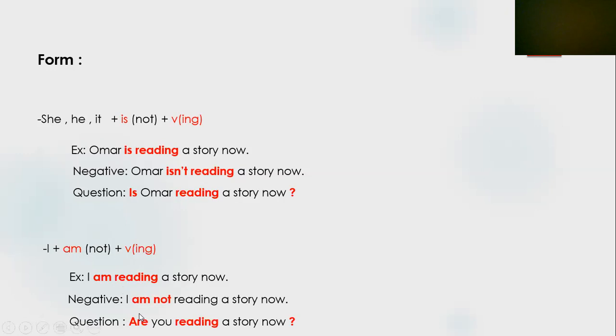And at last, what about the plural pronouns? We, you, they, with are and verb ing. They are reading a story now. They, because it's a plural pronoun, we add are and the verb reading.